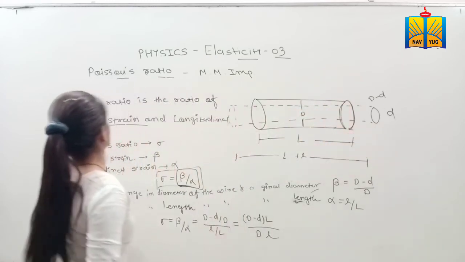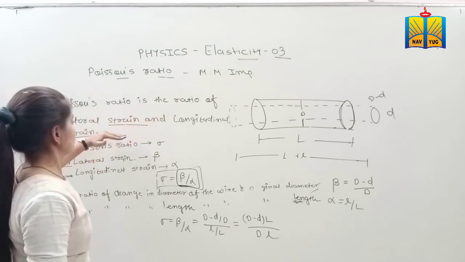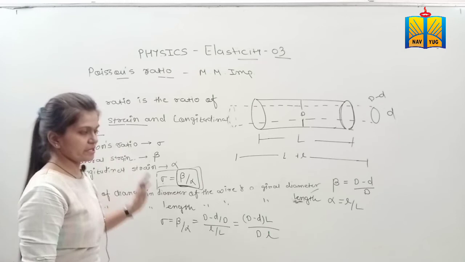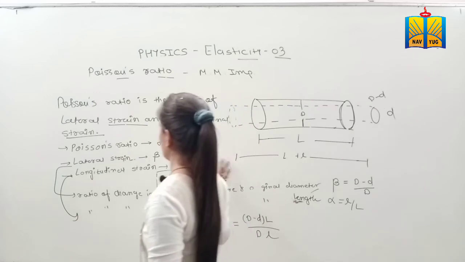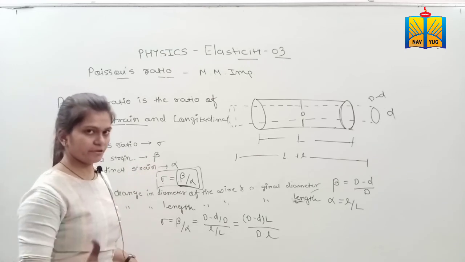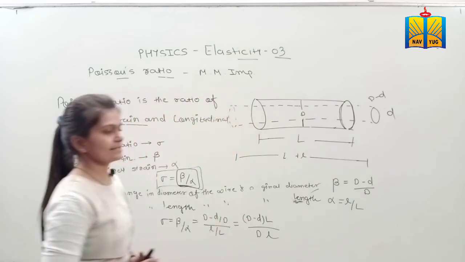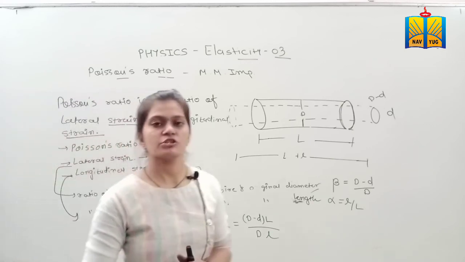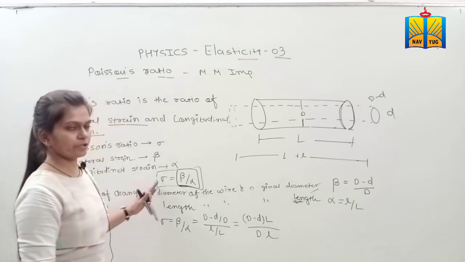Now the Poisson's ratio is the ratio of lateral strain and longitudinal strain, denoted by sigma. The lateral strain is the ratio of change in diameter and original diameter, denoted by beta: beta is equal to (D minus d) upon D. The longitudinal strain is the ratio of change in length and original length, denoted by alpha.